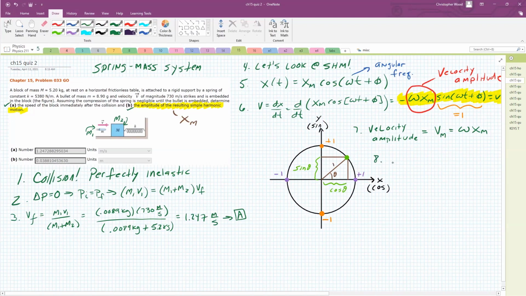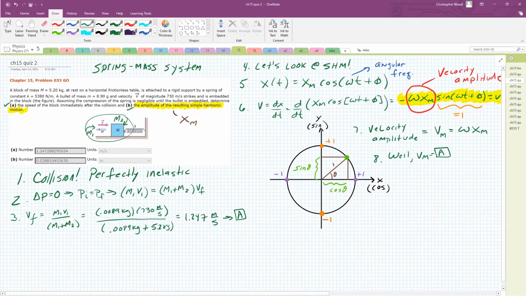All right. V sub M equals whatever I have here in calculator memory location A, because after the bullet embeds itself in the block, immediately it will start to slow down. The spring acts like a brake.